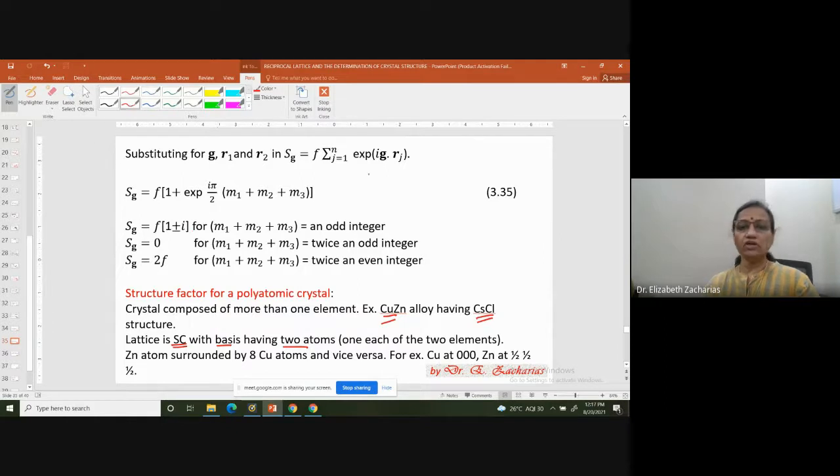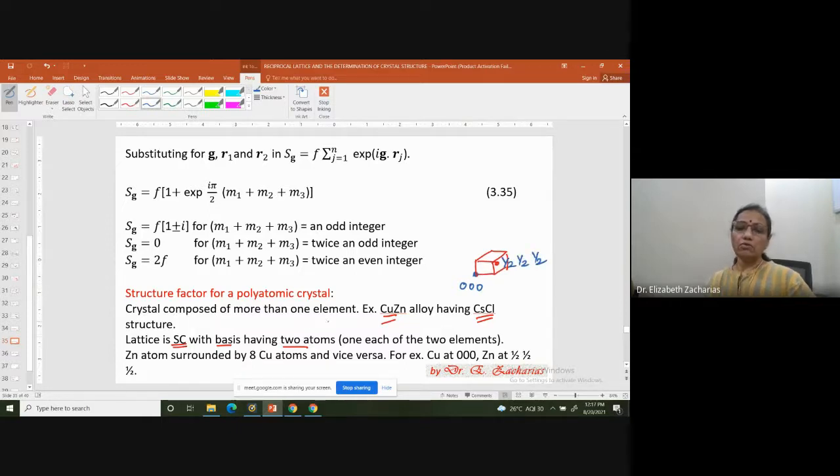Actually, you should have studied all this and told me. You're not studying anything at home. That is very clear. So one will be sitting at the corner and the other type of atom will be sitting at the body center. So this will be 0, 0, 0 and the other will be half, half, half.